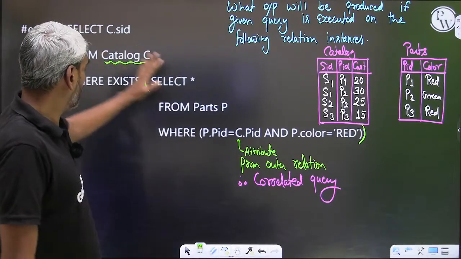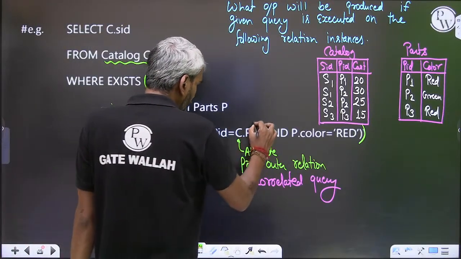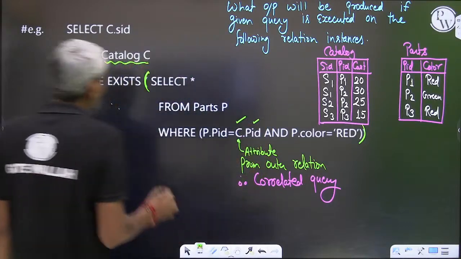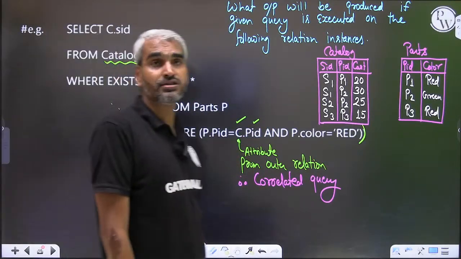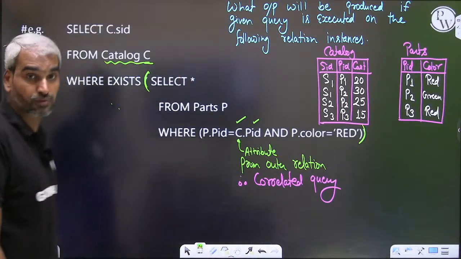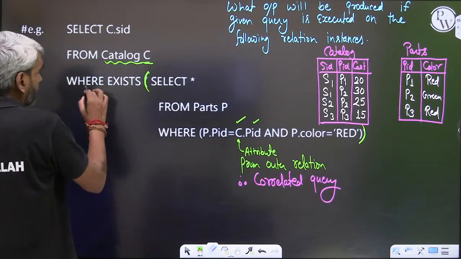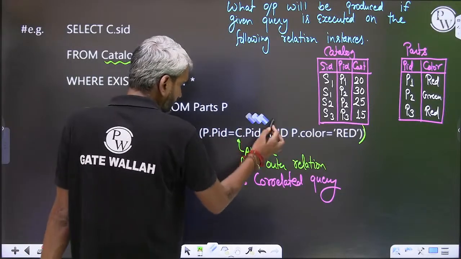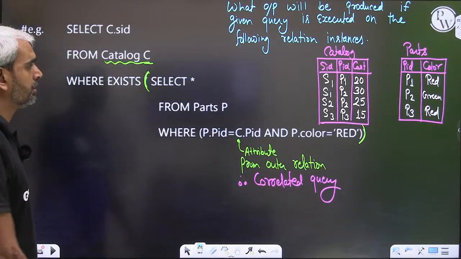This is your correlated subquery because the inner query uses the attribute PID of the relation C, and this relation C is defined in the outer query, right? So, how exactly will the query proceed?